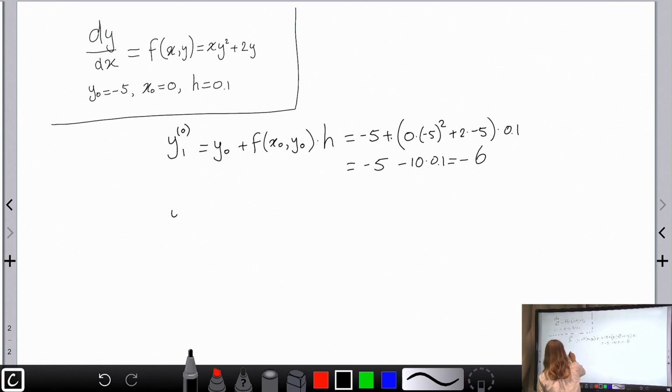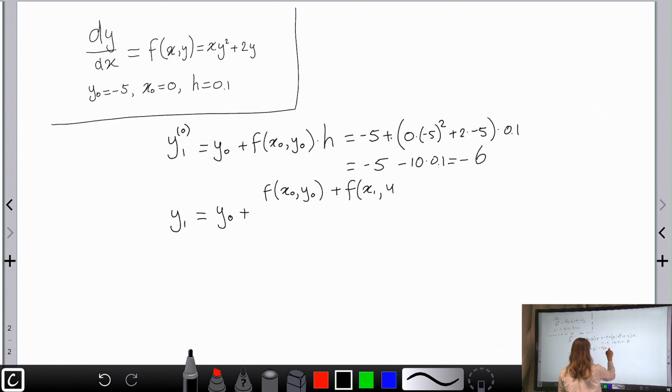Now we're going to use this value to estimate the slope and then to correct this estimate. So we have this corrector equation that is y1 is equal to y naught plus this function f of x naught, y naught, plus f evaluated at x1 and this estimated value of y1.